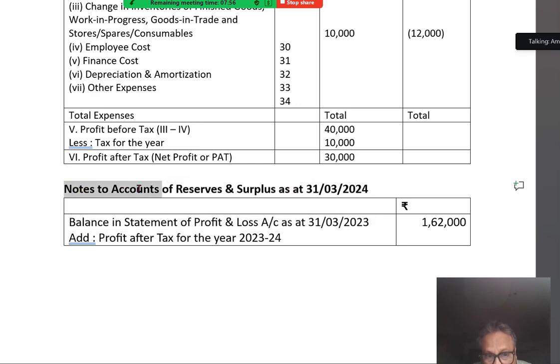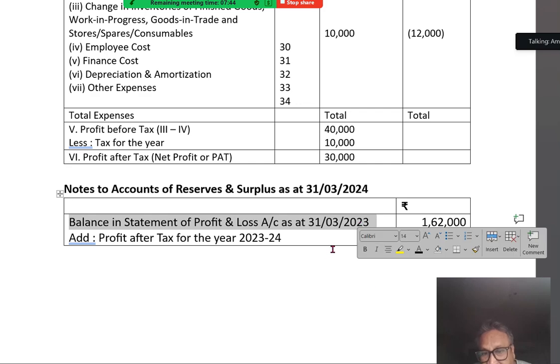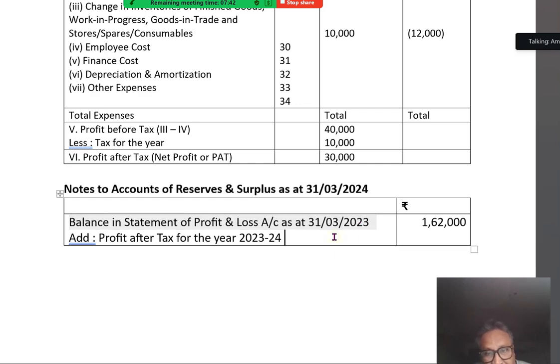I am making notes to accounts of reserves and surplus as at 31st March 2024. In this we show balance in statement of P&L coming from the previous year, that is as at 31st March 2023. Let's say this amount is 1,62,000. To this we add profit for the current year. Which profit? Profit after tax. That is 30,000 a year. So this we add here.